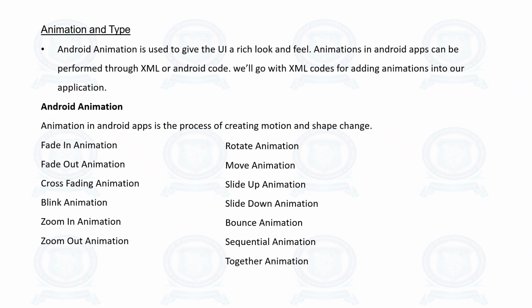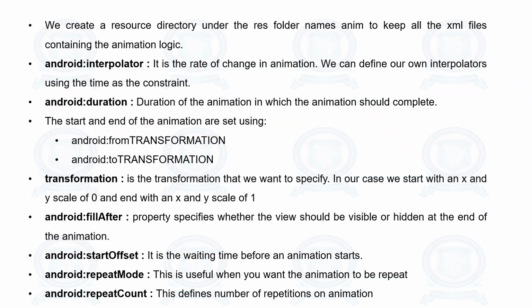Animation in an Android app is the process of creating motion and shape changes. For example, fade in animation, fade out animation, cross fading animations, blink animation, zoom in, zoom out, rotate, move, slide up, slide down, bounce animations, sequential animation, and together animations.